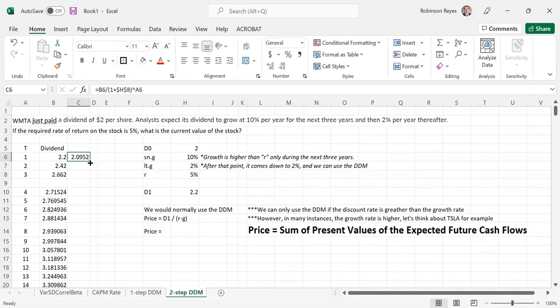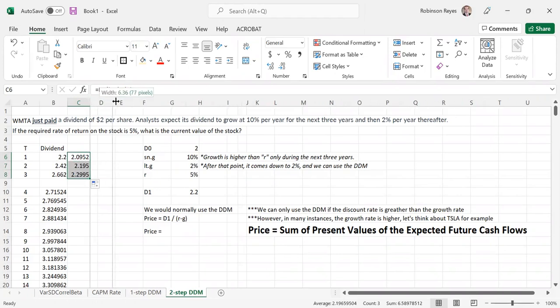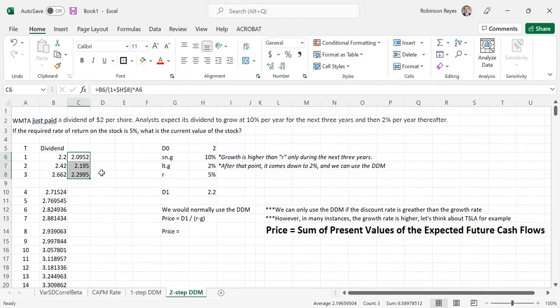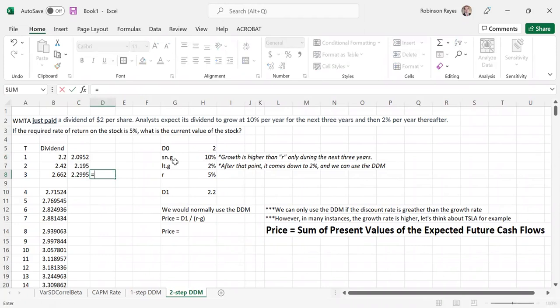Now, if we scroll down during the first years, we have the present value of these dividends over the first 3 years of the company. If we add them up, this is the price of, and I'm going to quote in quotes, price of first 3 dividends.